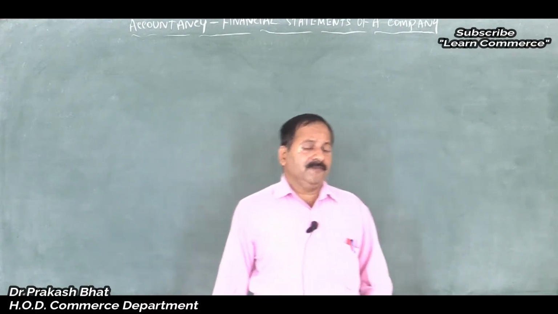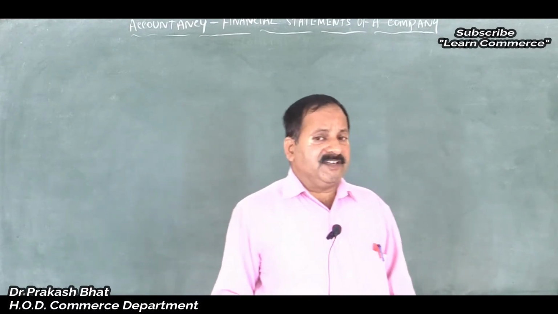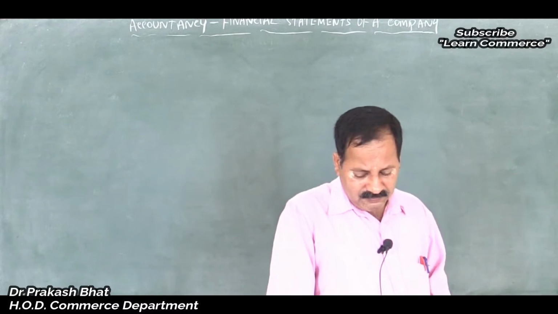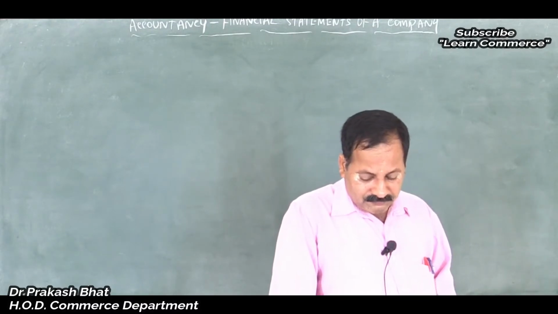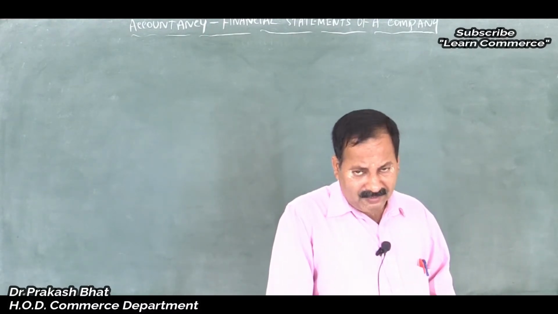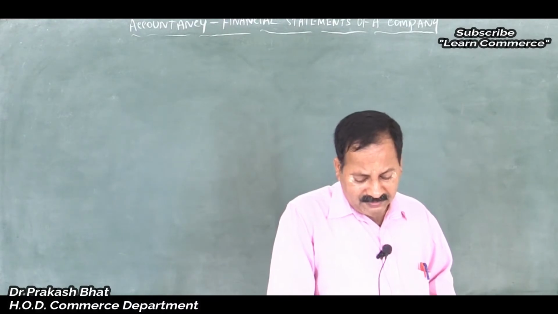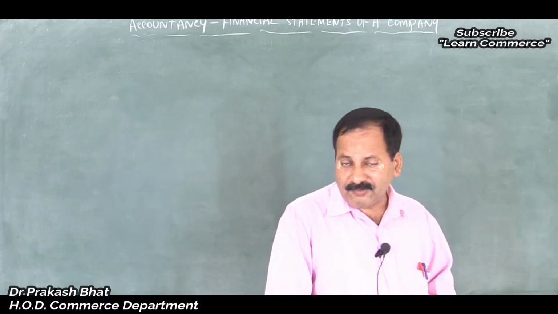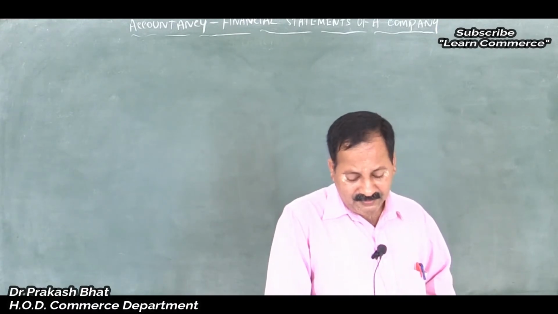Here it is loan taken from Z Limited, so it is a current liability. It is a short term liability, because it is clearly mentioned short term, right? So it is short term borrowings.